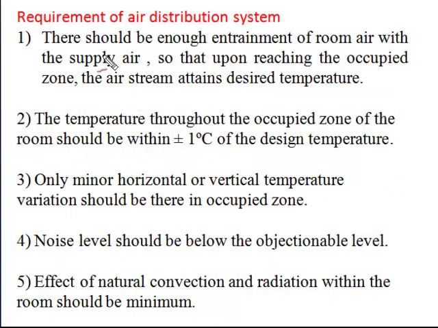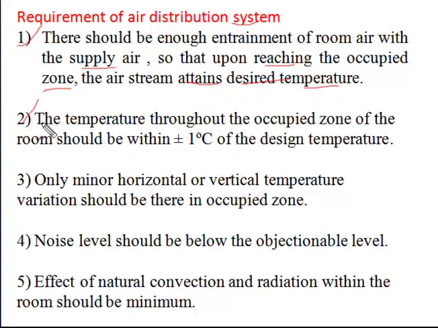Now we have come to the requirement of air distribution system. First, there should be enough entrainment of room air with the supply air so that upon reaching the occupied zone the air stream attains the desired temperature.